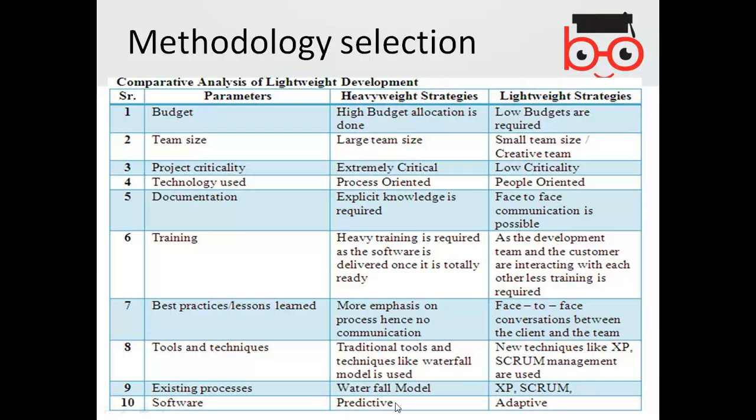Existing processes: they are the waterfall model, and in the lightweight strategy, there are extreme programming and Scrum programming. Heavy strategies are predictive, and the lightweight strategies are adaptive. Predictive software means that heavy strategies expect the prediction of which software they will be using, while the lightweight strategies allow you to select any software that is adaptable and usable.